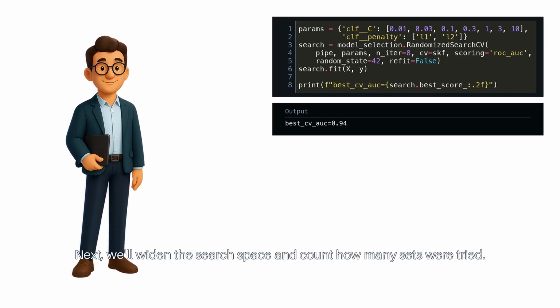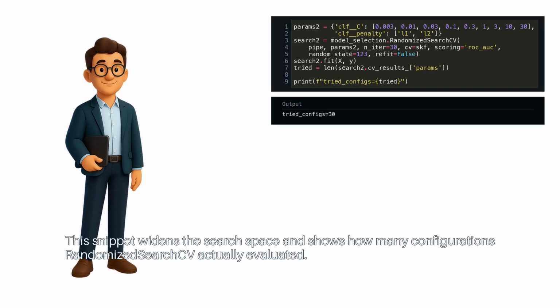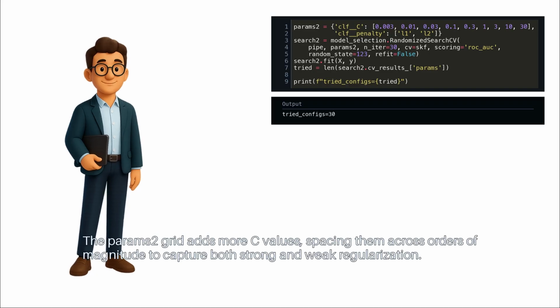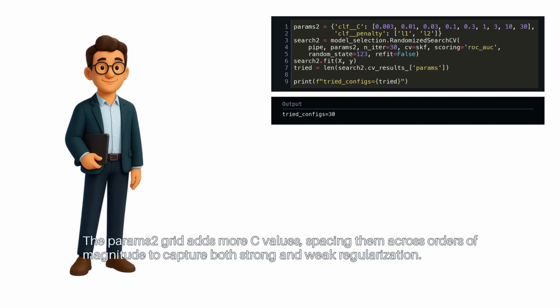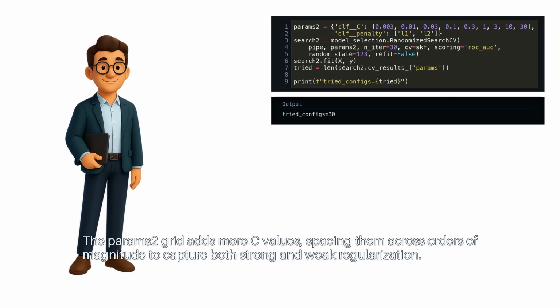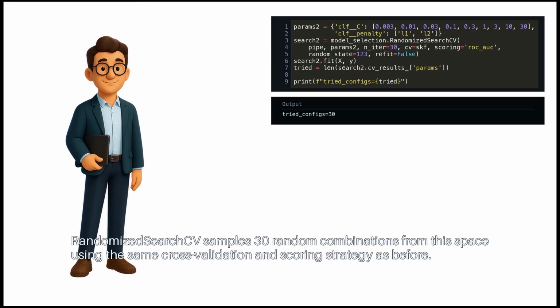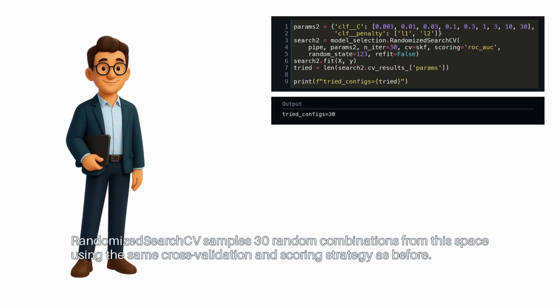Next, we'll widen the search space and count how many sets were tried. This snippet widens the search space and shows how many configurations RandomizedSearchCV actually evaluated. The params2 grid adds more C values, spacing them across orders of magnitude to capture both strong and weak regularization. RandomizedSearchCV samples 30 random combinations from this space using the same cross-validation and scoring strategy as before.